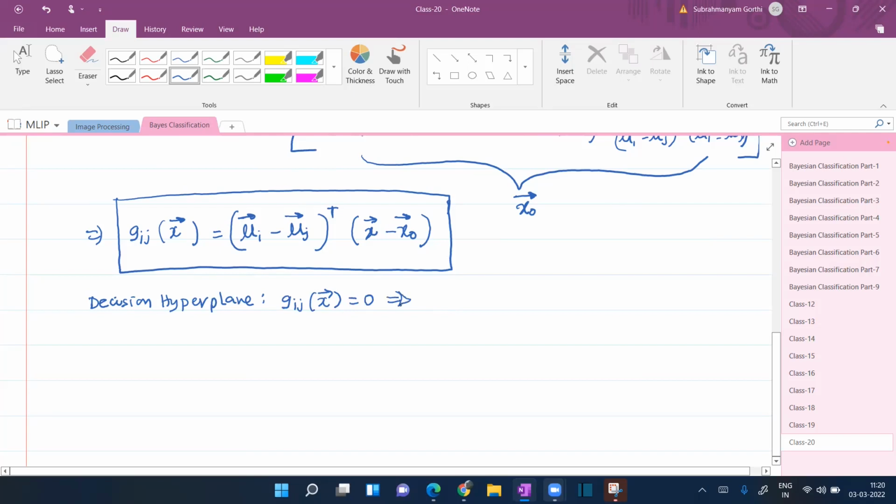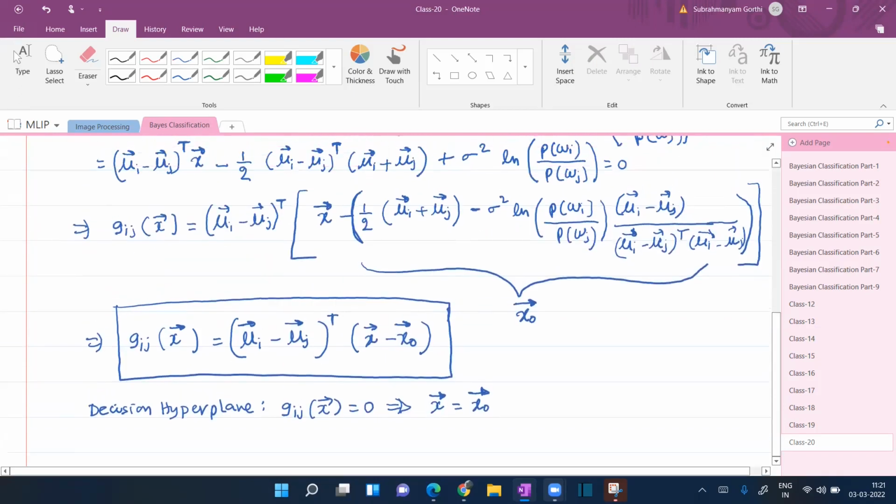What would be the result of that here? If I make it 0, what would happen? When will that be 0, in other words? X is equal to x naught. Very good. That's all. Your x bar is equal to x naught bar; for all values of x bar for which this x bar equals x naught bar, this will be equal to 0.